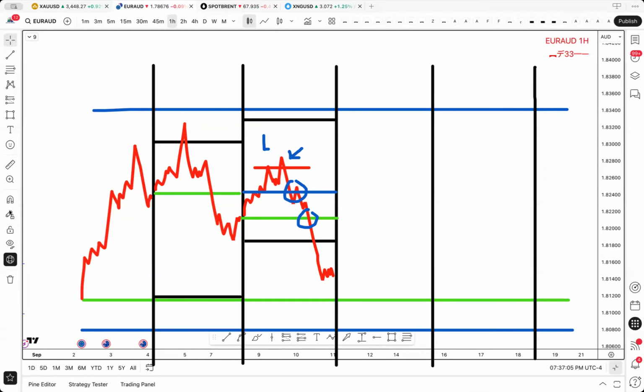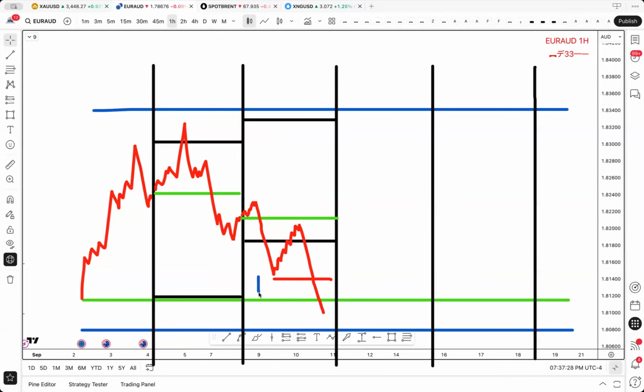Another scenario for first red day is that we will get a breakout, then a pullback for our continuation. This is a lower low.